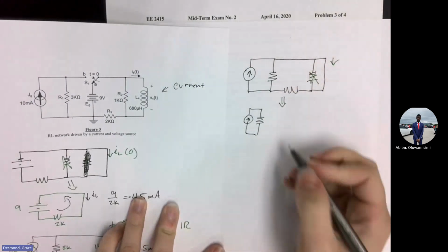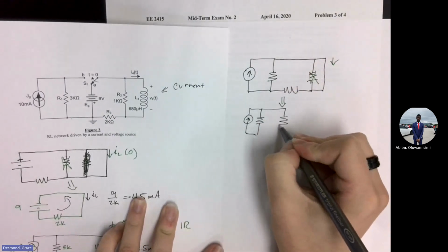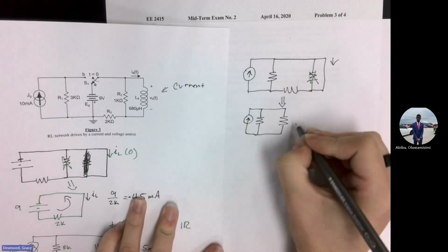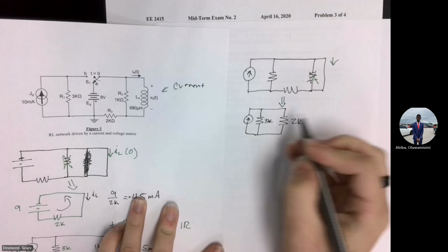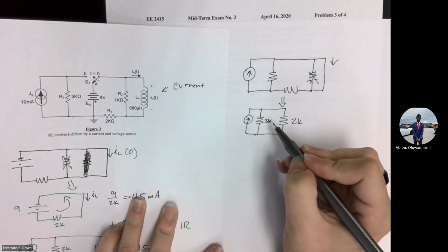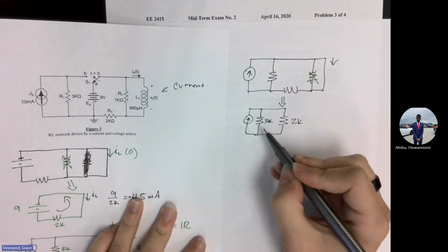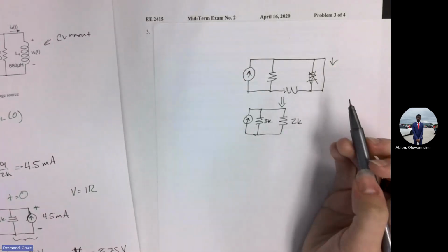Yeah. So this is the 2K, not the 1K. So we can do current division here, or we can transform that back into a voltage, which we already know, and then just do Ohm's law.